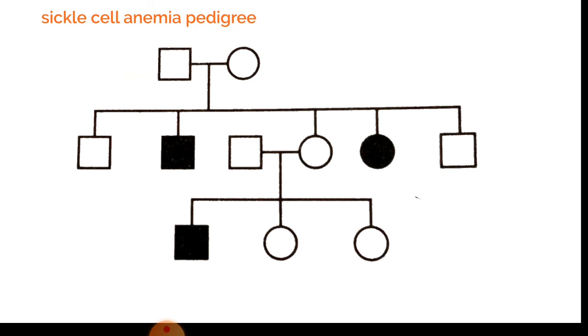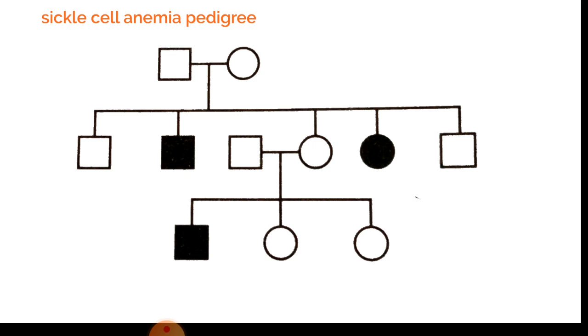Like here you see parents are not affected, right? But in the progeny you see that the first male is not affected, the second male child is affected, the third, a female child, is not affected, the fourth female child is affected, and the fifth male child is not affected.